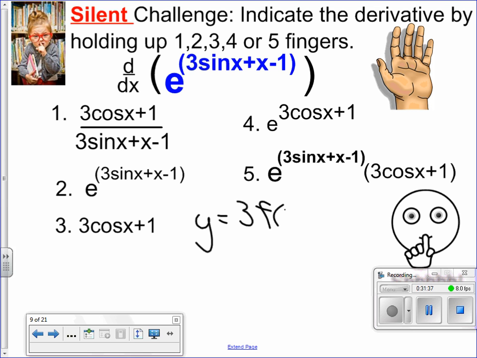Oh, then it would be 0. All right, so that was 5. It's just e to the u, you copy, times the derivative of the exponent.